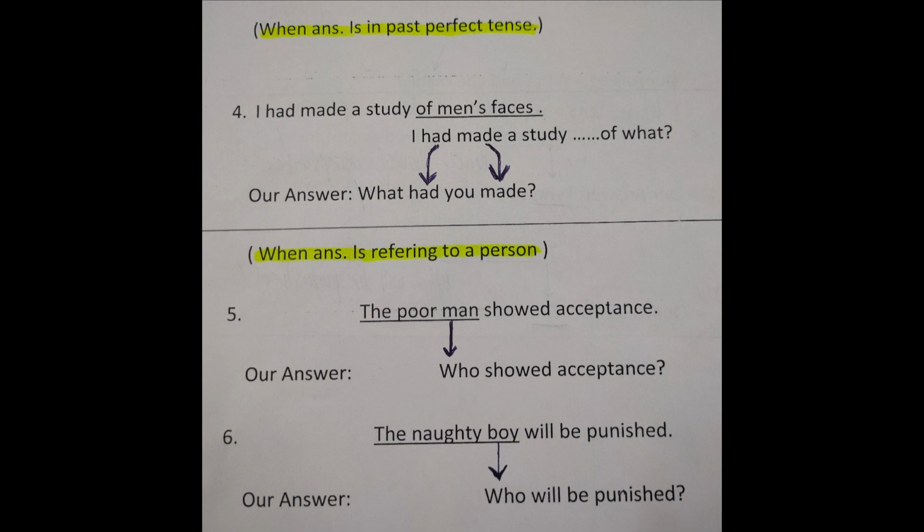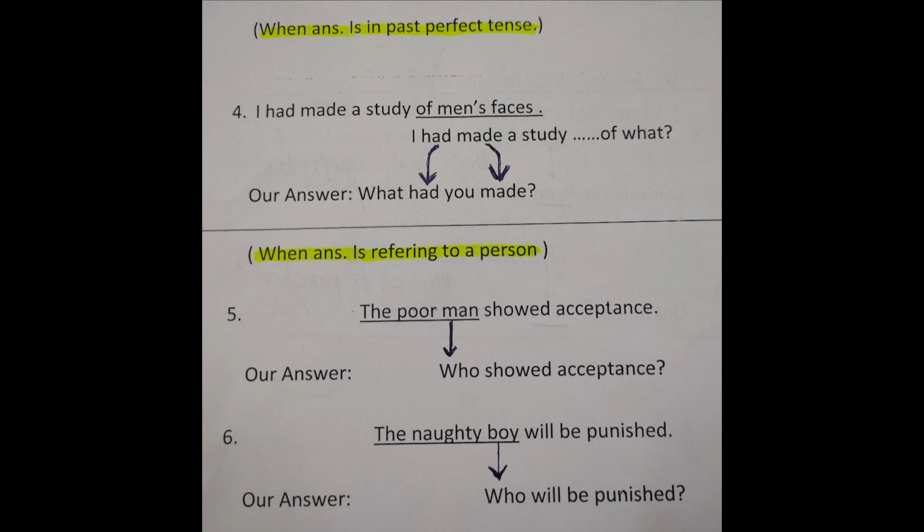The poor man being a human, instead of the poor man, in the question we will have to give the word who. So we write who showed acceptance. When the question starts with who, the remainder remains the same.